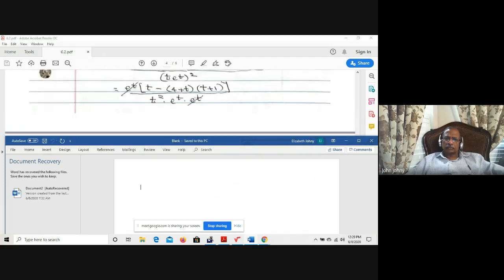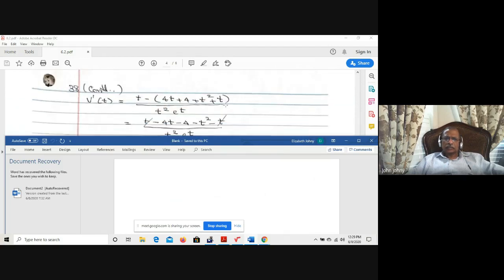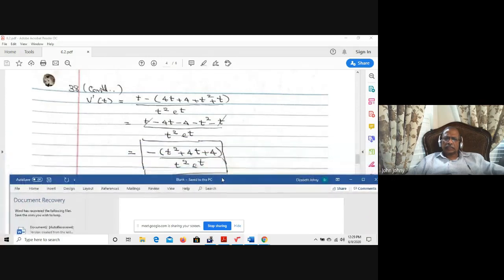You are distributing the 4 times t plus 4, plus t squared plus t, plus t. That whole divided by t squared e to the t. Now you distribute the negative sign: t minus 4t minus 4 minus t squared minus t, whole divided by t squared e to the t, and the t cancels.